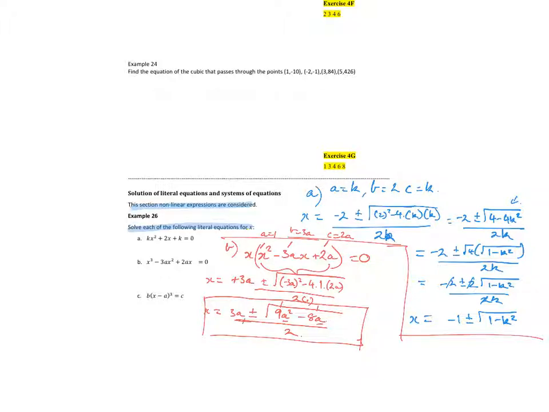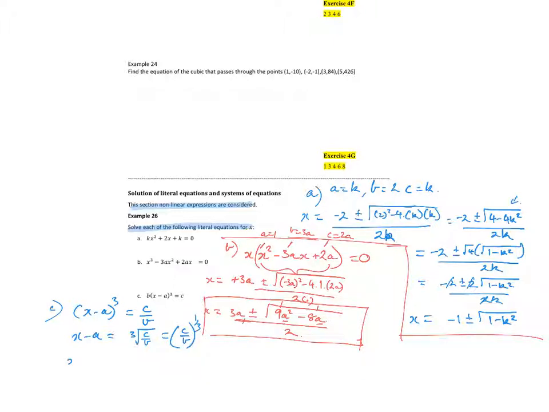Okay. Final one here. Let's come to C. So solving for x means getting x on its own. So let's divide by b both sides. Equals c over b. Take a cube root. x minus a is equal to the cube root of c on b, which is the same as c on b to the 1/3.